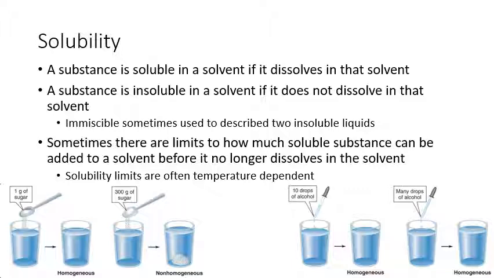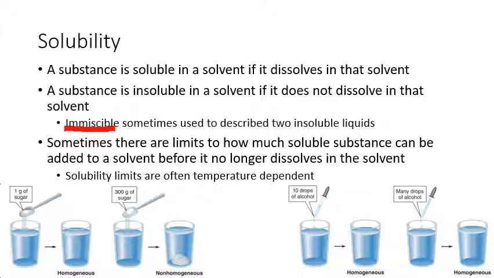If you take oil and water and try to mix them together, they don't dissolve in each other, so they're insoluble. But sometimes they'll say instead that they're immiscible. Two liquids do not dissolve in each other. You'll see this word immiscible, but only when we're describing liquids dissolved in other liquids.